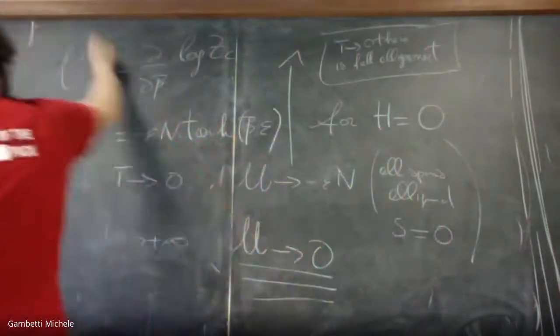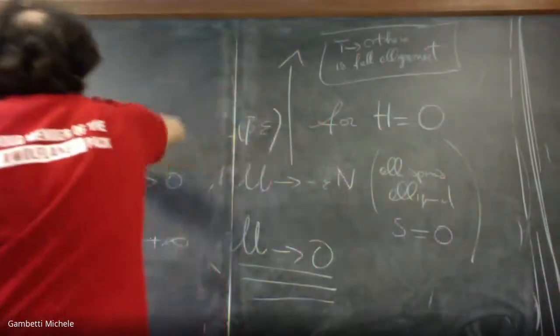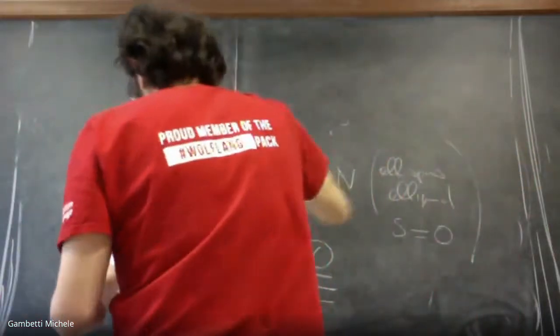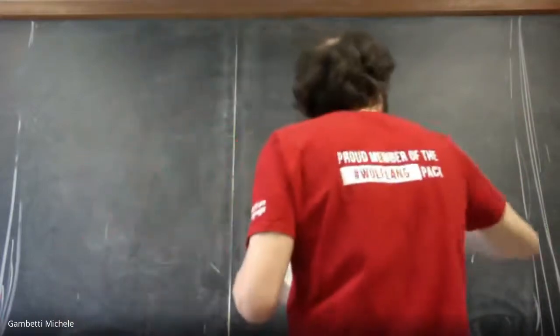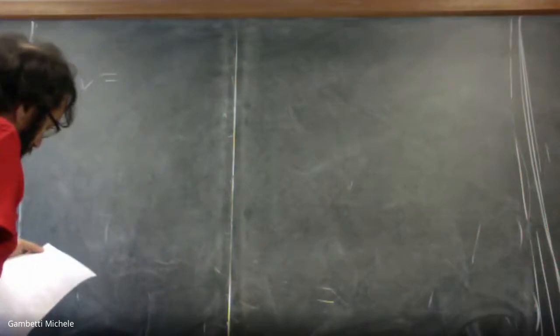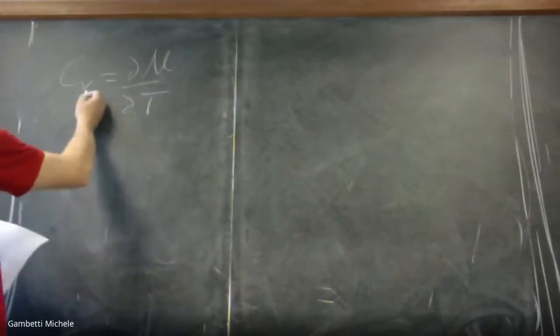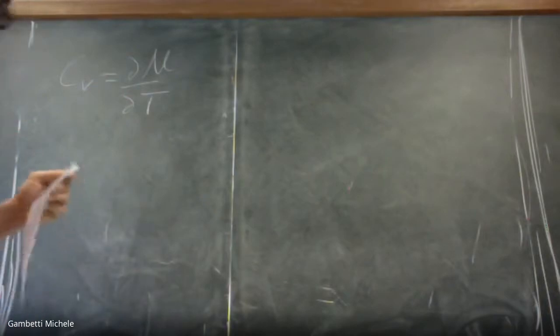Then one can work out also the specific heat or the heat capacity, which is a further derivative. So if you don't have anything to do in the weekend, you can try to compute also the heat capacity, du dt. Here, just for tradition, I put the volume, but actually there's no volume here. The positions are fixed, so the volume is fixed by construction.